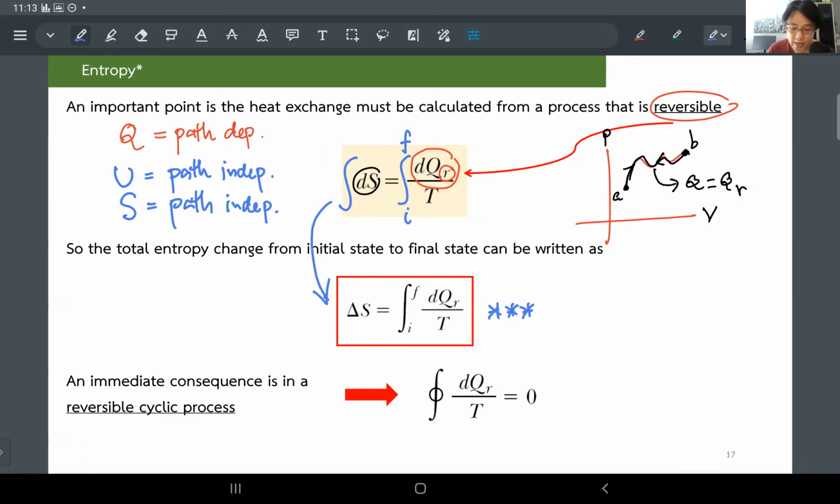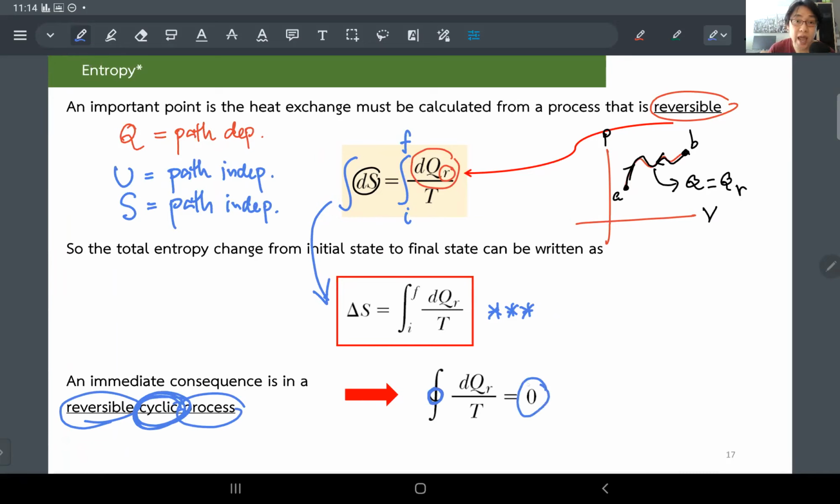And that leads you to the idea that you come back to the original position and nothing has changed. So if you have a reversible cyclic process, it's a cycle, right? Everything comes back to the original position. I put a circle here just to confirm that everything comes back in full circle. You're going to get zero out of it.